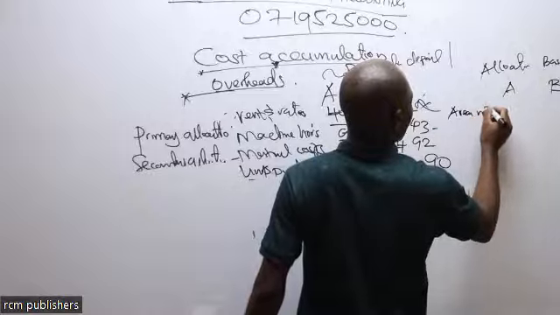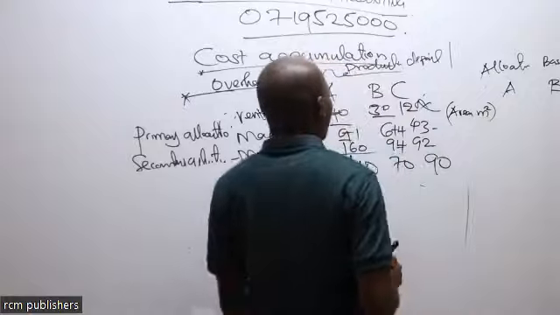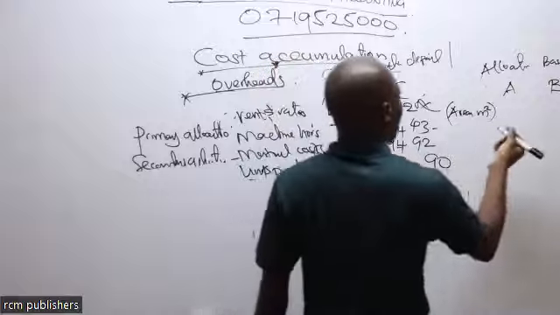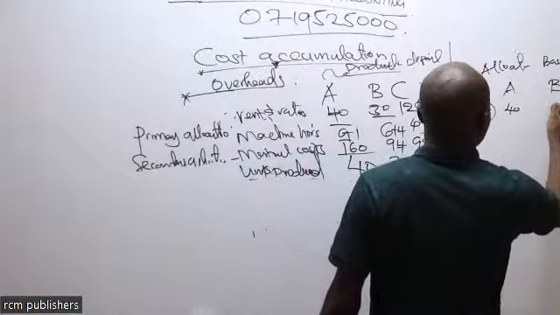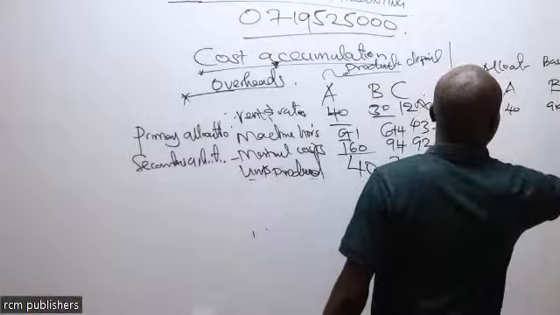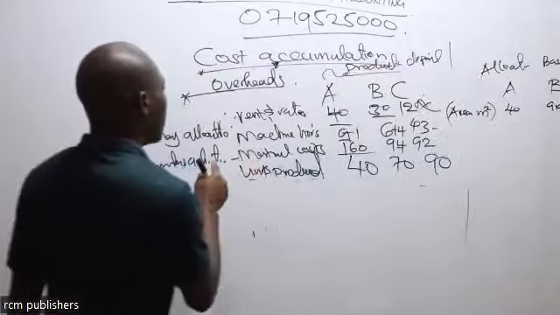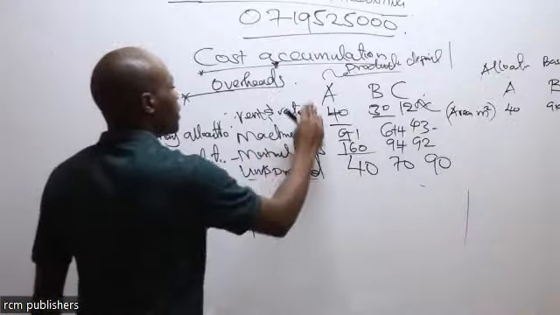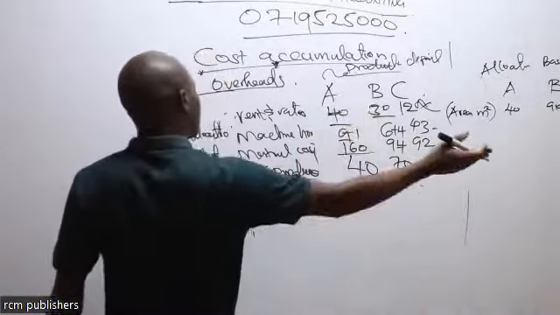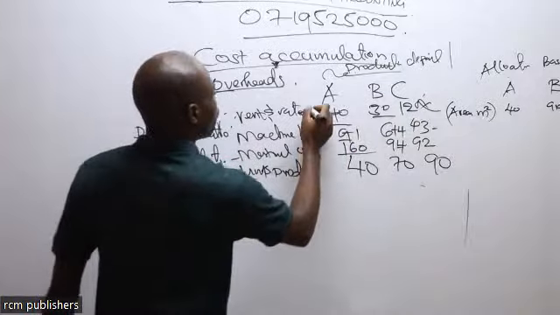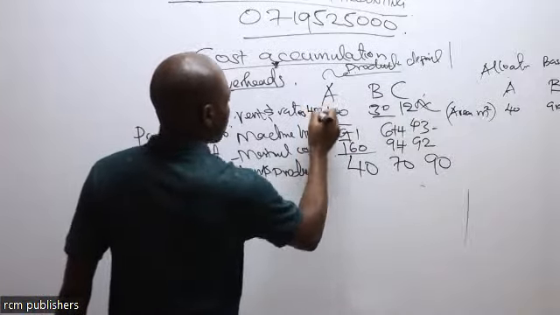Area in square meters. So Department A, I've got 40 square meters, 90, 36. When I now come here to rent and rates, the examiner is doing this to me. I'm being given that the total rents and rates for these 3 departments is going to be 4 million.